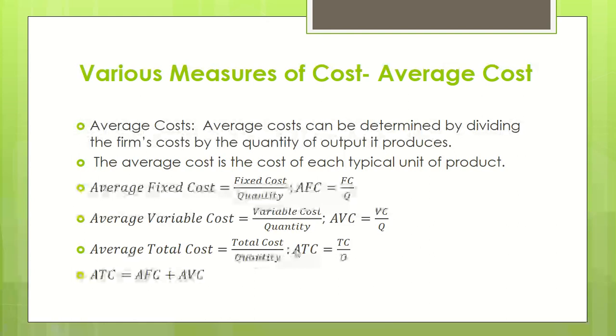That means that ATC is equal to TC divided by Q. As we have said that total cost is equal to total fixed cost plus total variable cost, so here average total cost is also equal to average fixed cost plus average variable cost.